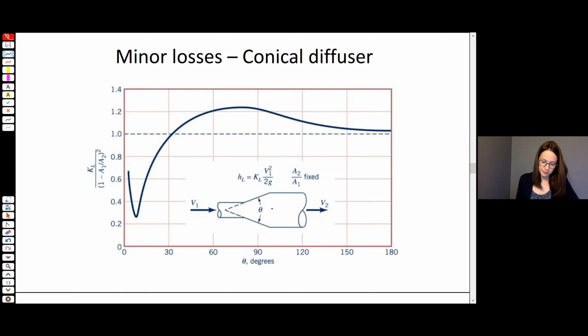Well, here, you determine what the angle theta is. Let's say it's 60 degrees, trace that number up and find your curve, trace this back to the y-axis, and then this quantity, KL over 1 minus A1 over A2 squared, is 1.2. Right? So you've got to do just a little bit of algebra remaining after that to find out what the actual value of KL is.